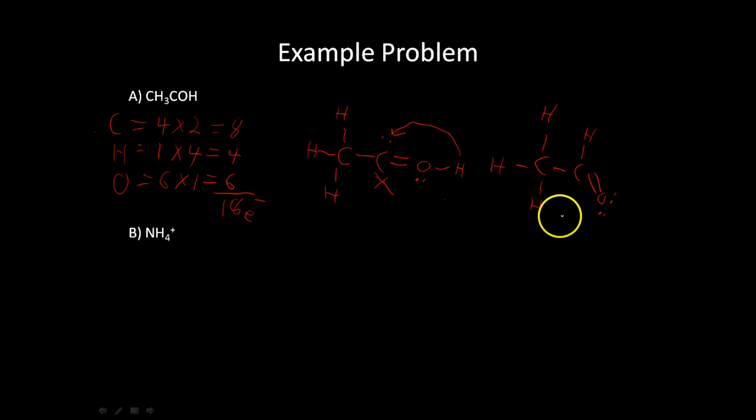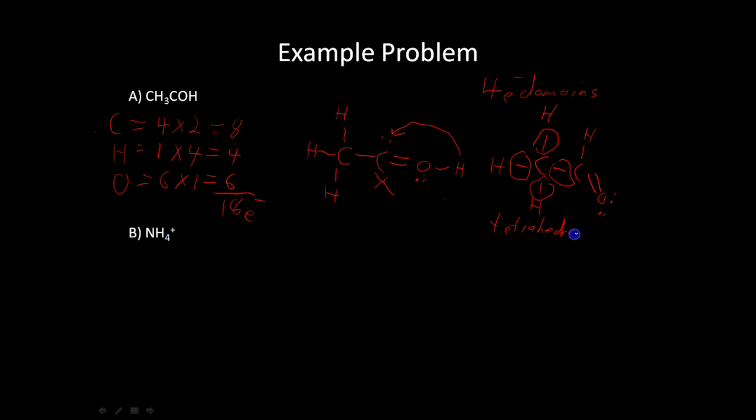Now let's consider the electron geometries around the central atoms. We have this central atom and this central atom, so 2 carbons. For this carbon, we have 1, 2, 3, 4 electron domains. The name of that particular geometry, a geometry with 4 electron domains, is called tetrahedral.